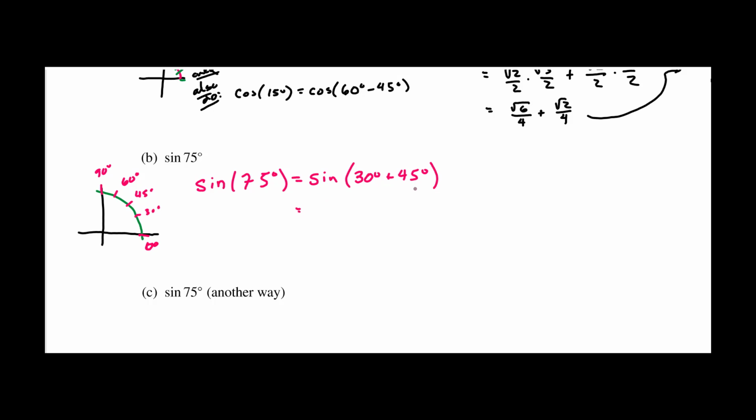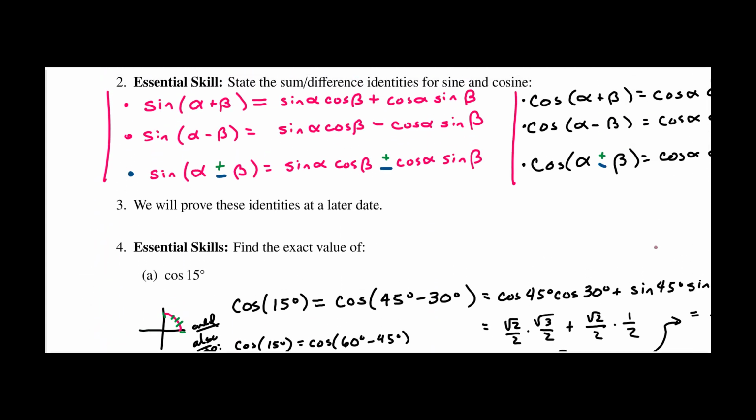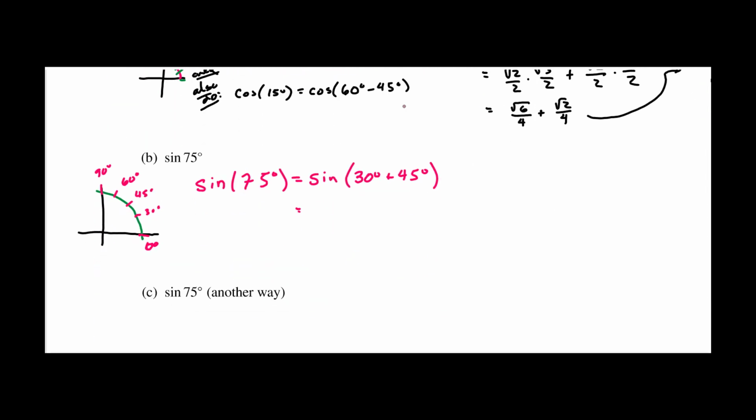So let's go ahead and evaluate the sine of 30 degrees plus 45 degrees. Well, here's where we need to use these newly given identities. For the sine of the sum of 2 angles, this will be the identity that we use. So we're adding together 2 angles, and we'll use this identity here.